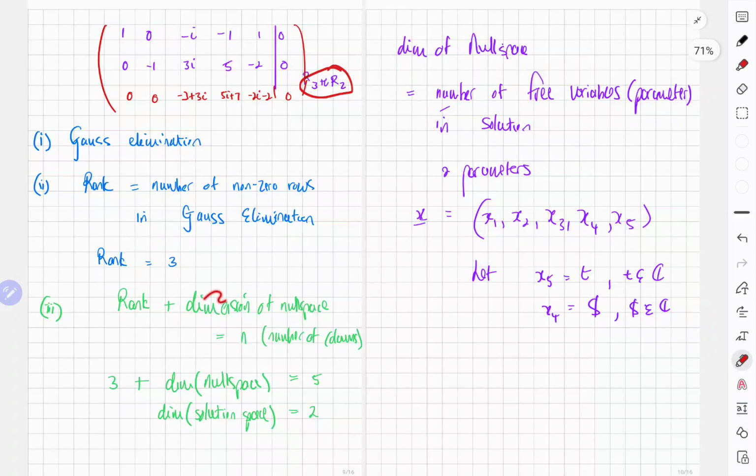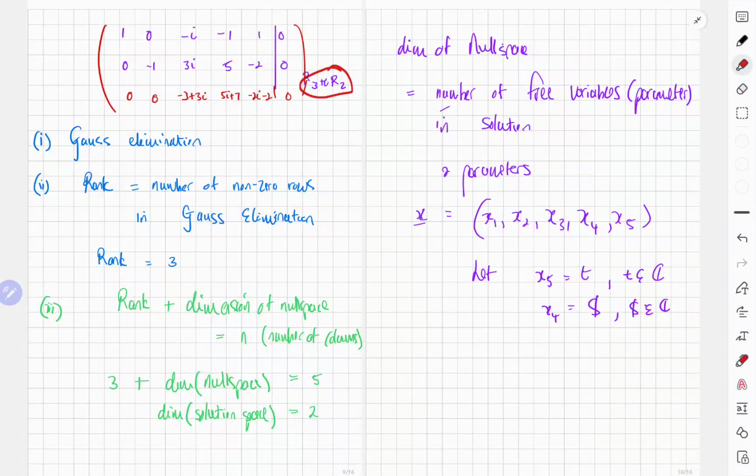Now, very important, as you will recall, rank plus dimension of null space will always be your number of columns. Now, remember what I said before, we have more variables than equations. We know definitely infinitely many solutions, but we have 3 plus dimension of null space is 5. Hence, my dimension of my null space is 2.